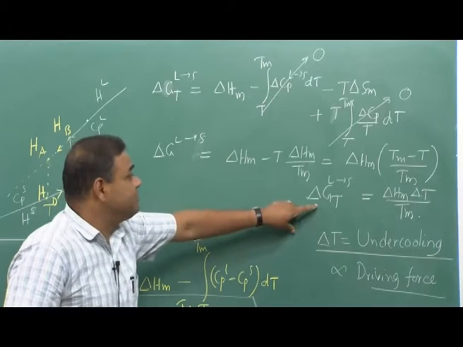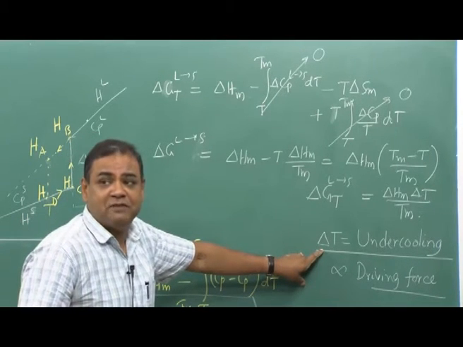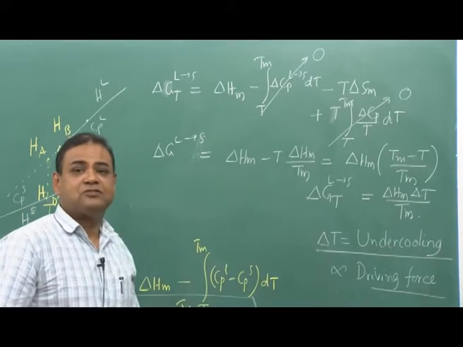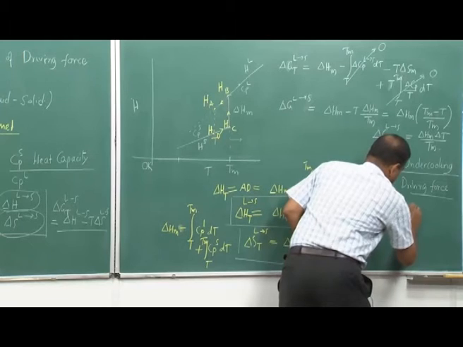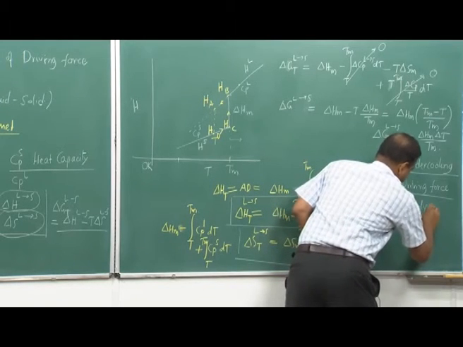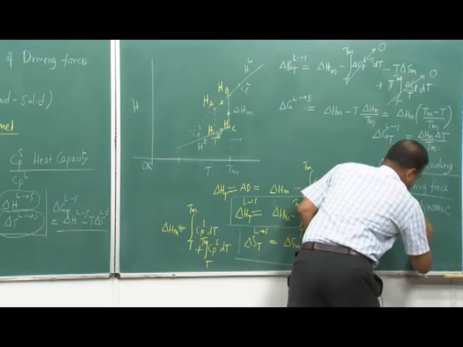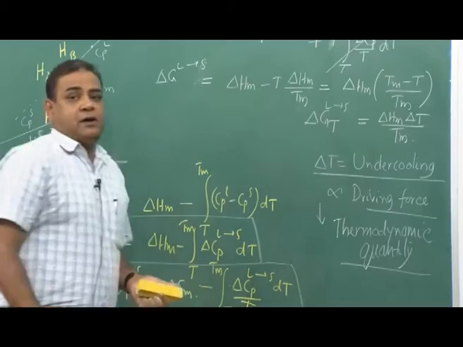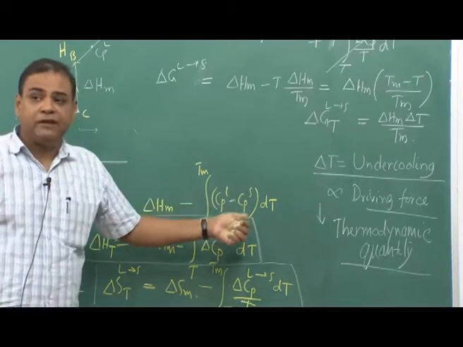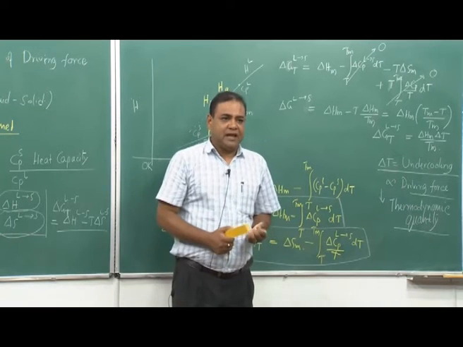This is a thermodynamic quantity. So, if this is proportional to driving force, then this also becomes a kind of thermodynamic quantity. I think let us stop here. We will continue in our next lecture. Thank you very much.